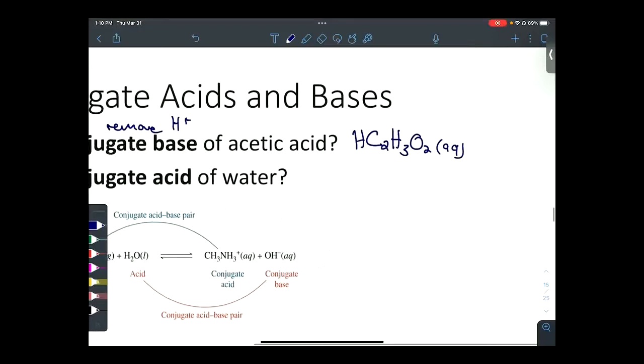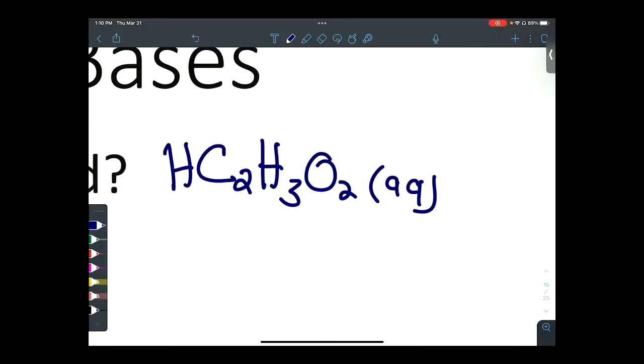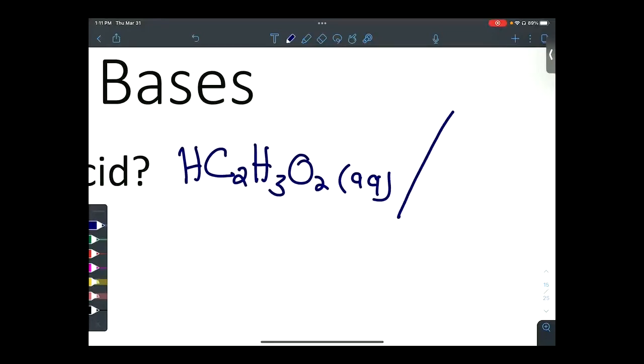So the question is, which H+ do I remove? Do I remove this one, or do I remove these ones? We remove the first one because when we write acid formulas, the most acidic proton is typically written first. So this is the hydrogen that we take. So when we rewrite the base form, we're just going to rewrite it without it.